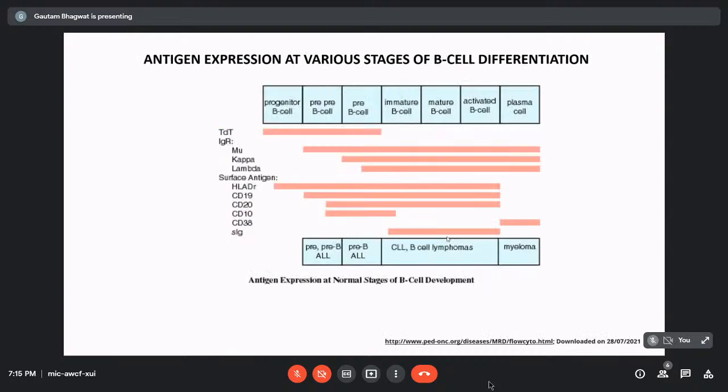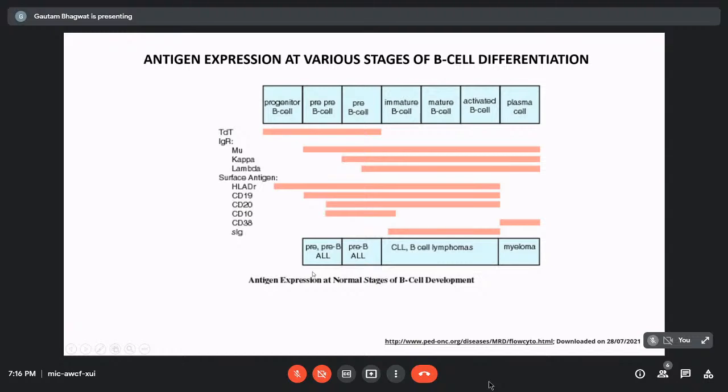Similarly, for B cell maturation, TdT is a marker of immaturity present only in the initial stages of the B cell. Kappa lambda would be present after the pre-B cell stage. HLA-DR is again present in the initial stages up to the mature B cell, and so on and so forth.